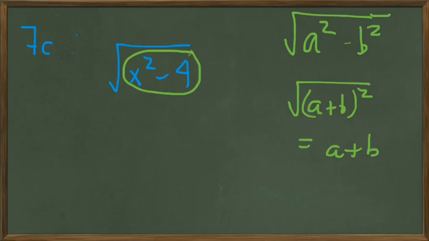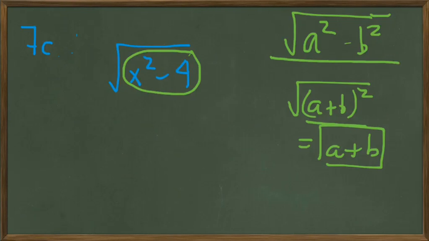Okay, so this problem is put in here because we want to avoid making a mistake if what we have is a problem of this type, a squared minus b squared. If instead we had had a quantity a plus b squared under the radical, then we have something squared under the radical and it would come out as a plus b.